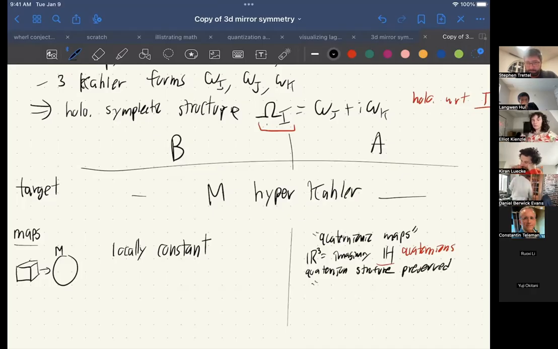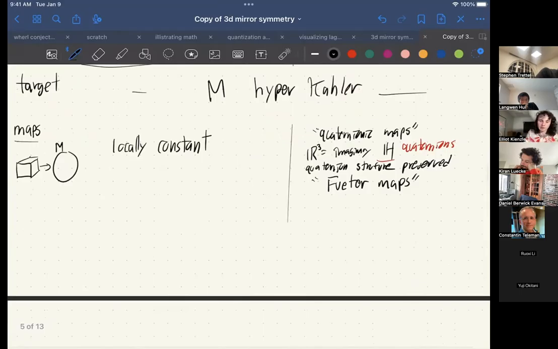And there's a fancy name for this, named after a person, which means it's hard to remember, but whatever. These are called Fueter maps. So in 3D mirror symmetry, every time you would have been studying solutions to the Floer equations or the J-holomorphic curve equations, now you're going to be studying solutions to the Fueter equations. Oh boy. Okay, boundary conditions.